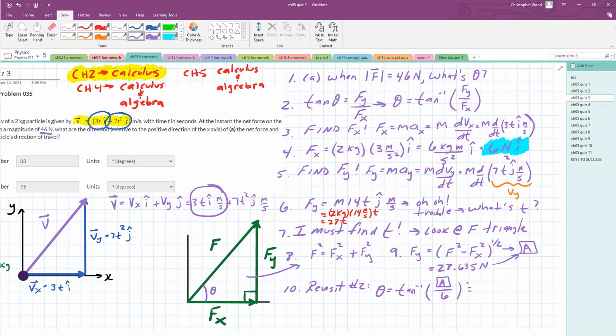Square root, divided by 6, arctan. Okay, 82 and some change. 82.5 degrees. That's a good idea, Ali. This is 82.5 degrees going counterclockwise with respect to the positive x-axis. It's that same convention again. So that is the answer to A.